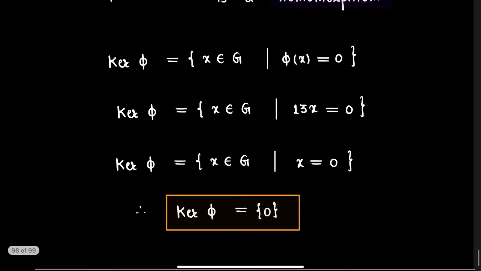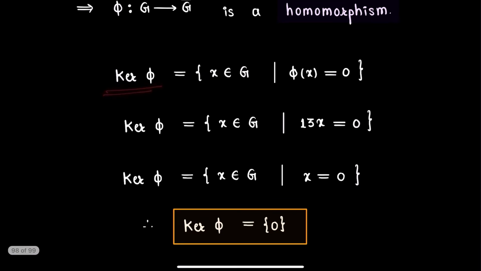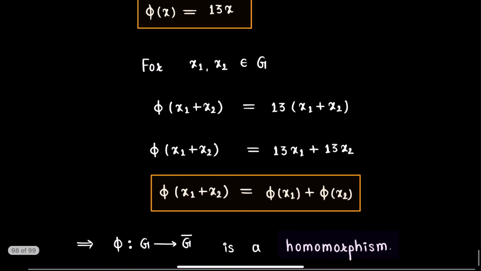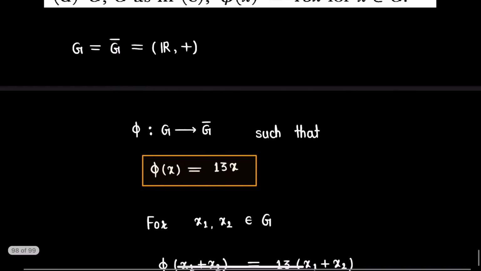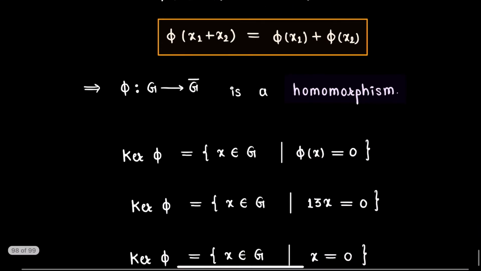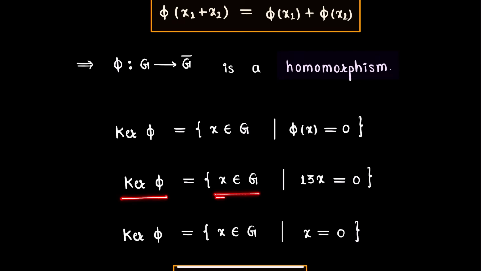Next, to find the kernel of this homomorphism, kernel phi will be the set of all those elements x in group G such that phi of x is equal to 0. Note that here 0 is the identity element for the group of real numbers under addition. Therefore, kernel phi is the set of all those elements x in group G such that 13x is equal to 0, since phi of x is equal to 13x.